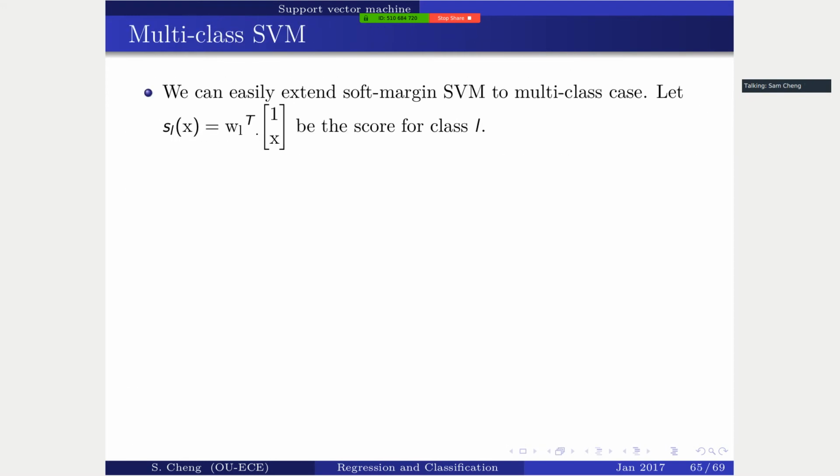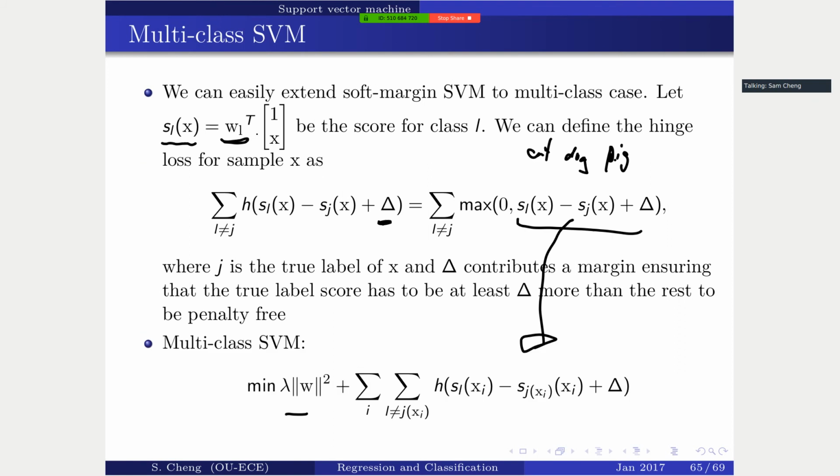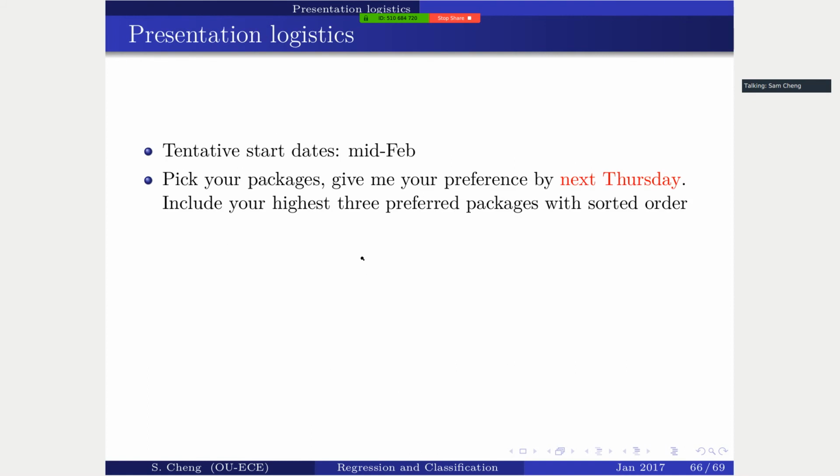Actually, for multi-class SVM, it won't be a single line. If you look at it, it would be more or less something like this, with three classes here.